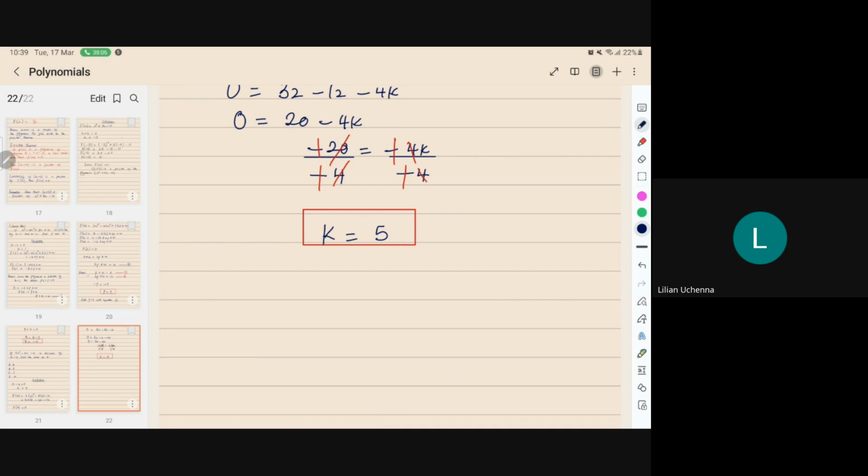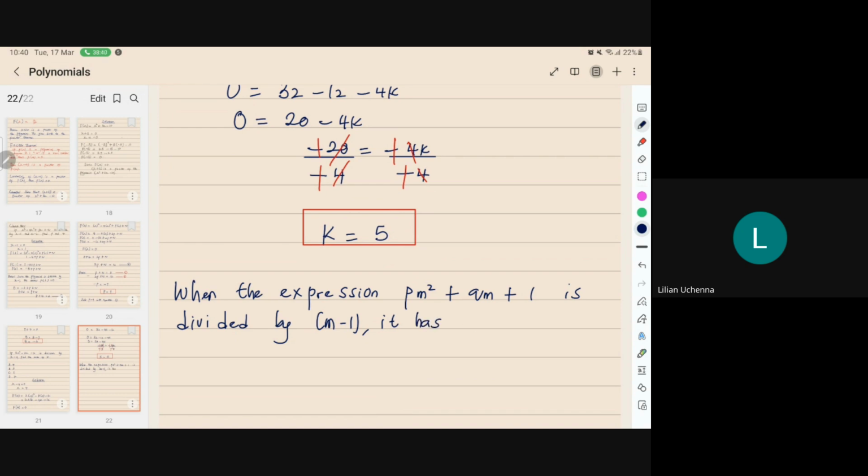So this one, this is 1998, says when the expression pm squared plus qm plus 1 is divided by m minus 1, it has a remainder.